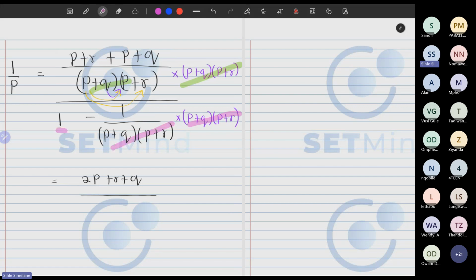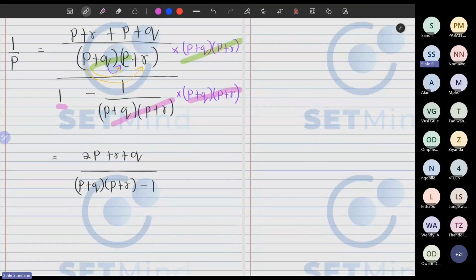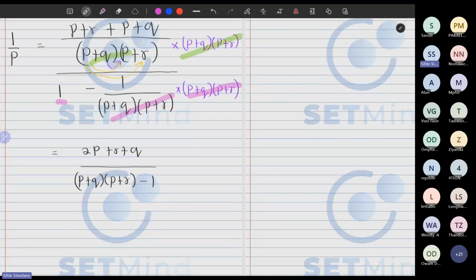So that what we have is simply P plus Q multiplied by P plus R minus 1. This becomes the expression which we have, which is much neater. You are on point. So we can try now and simplify this and see what we obtain. So we have 2P plus R plus Q divided by, that will be a P squared. And then P times that will be a PR.